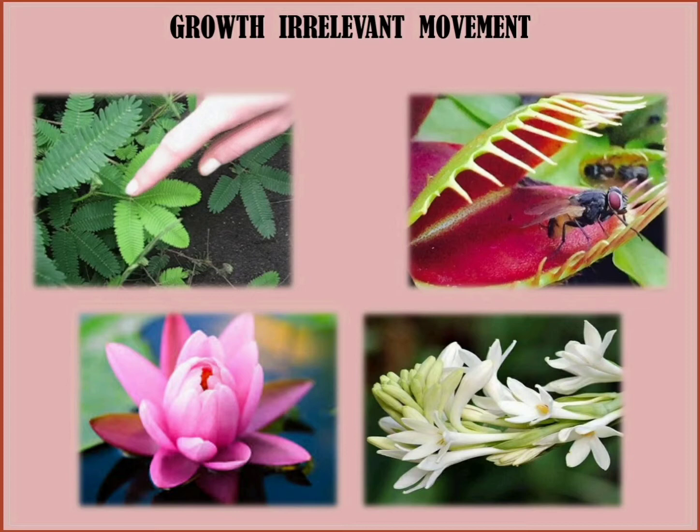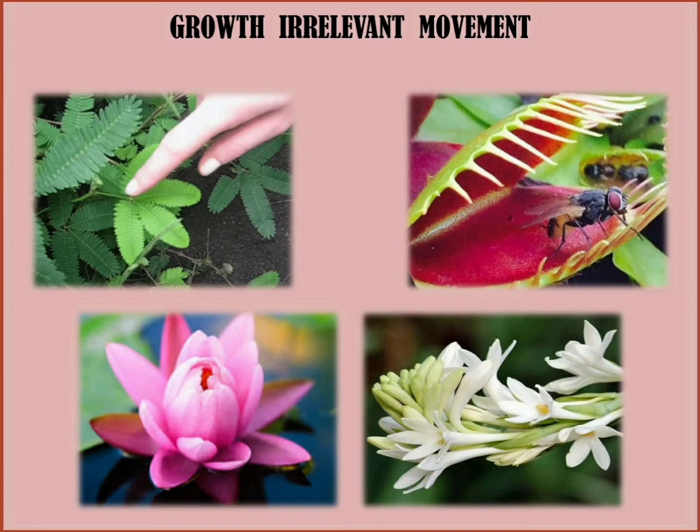In Marathi, it is also called lajari. You must have seen this plant growing on the side of the road in your villages. It is a wild plant. If you touch the leaves of that plant, immediately the leaves start folding. So this is a type of movement which is shown by this plant.